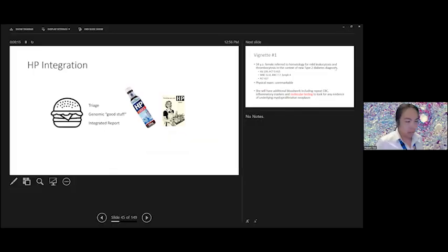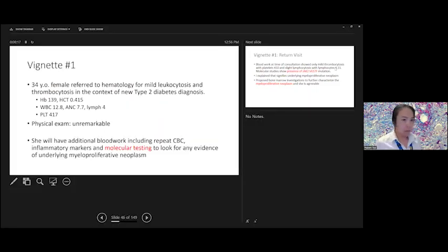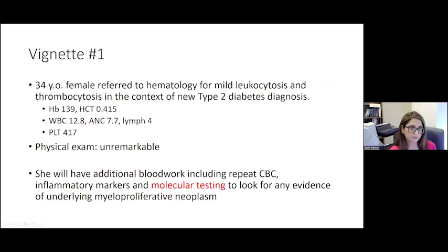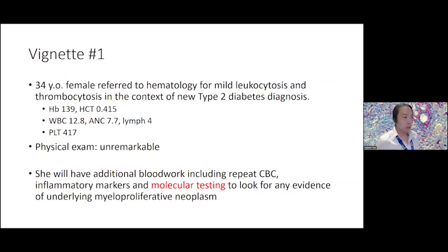Okay, so this one that I'm going to present today is again modeled off a real case, and hopefully we can get some discussion. I guess we're shifting gears here a little bit to the myeloid side now. So this is a young female referred to hematology for very mild leukocytosis and thrombocytosis.